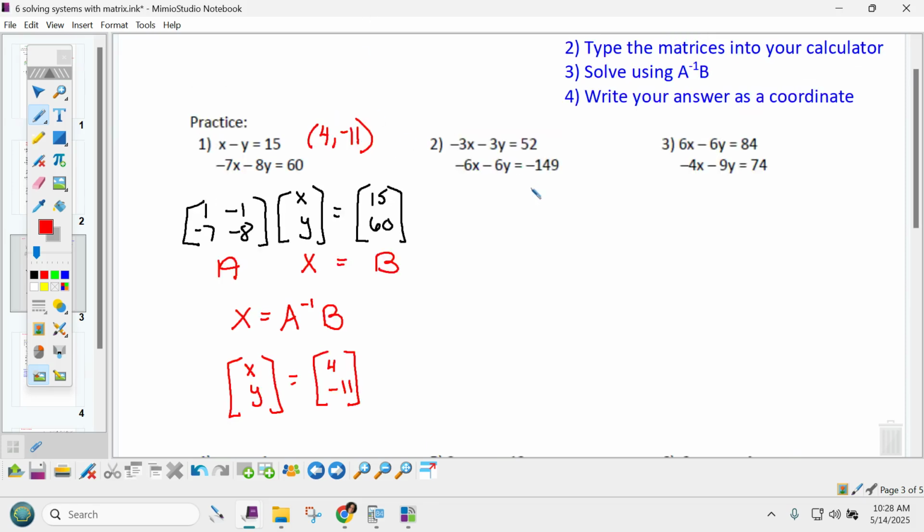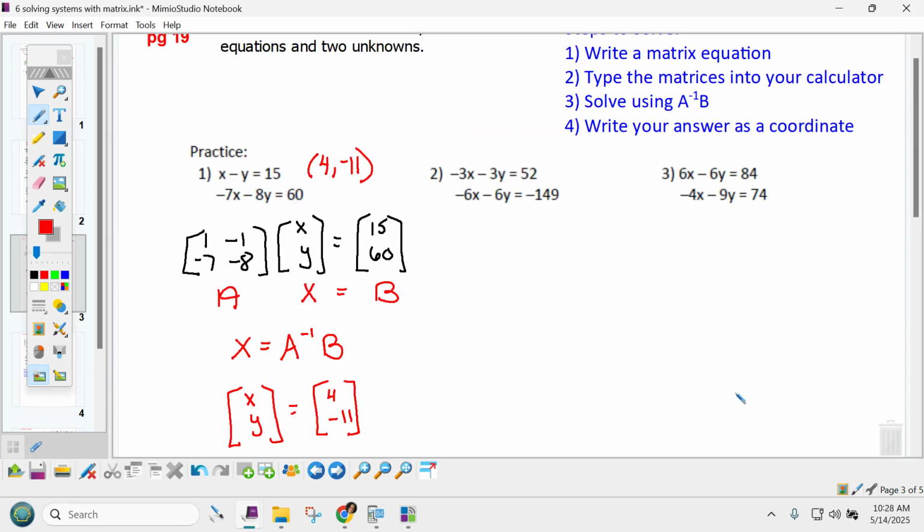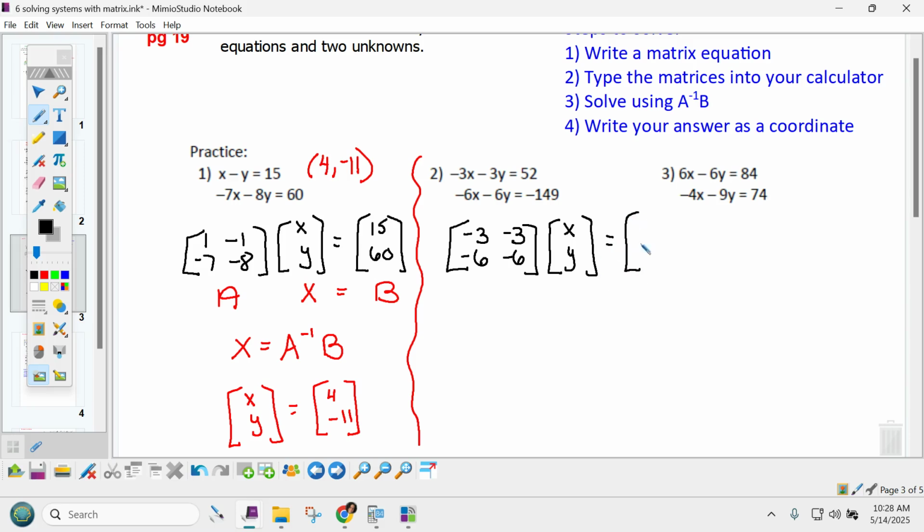All right, let's try that with number 2. Write your matrix equation. Go to your calculator.